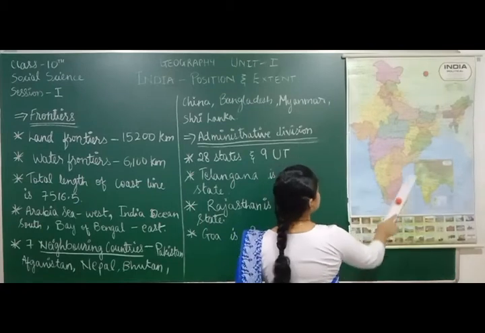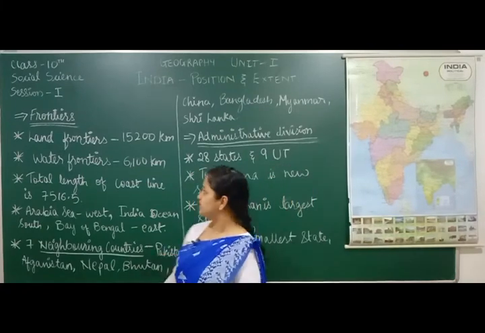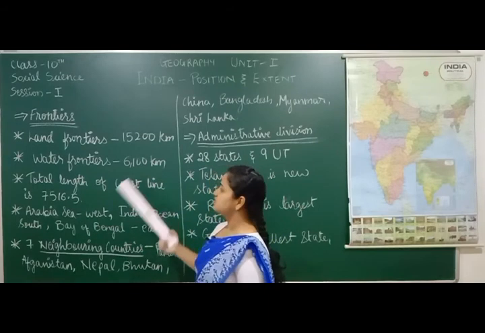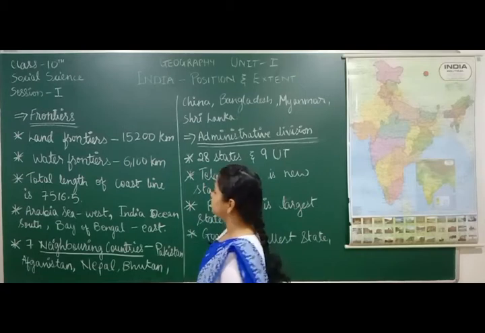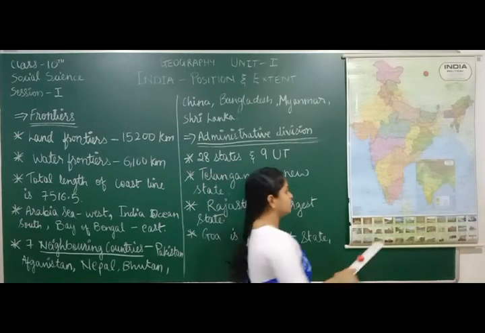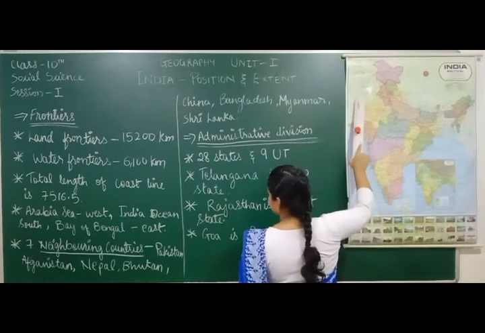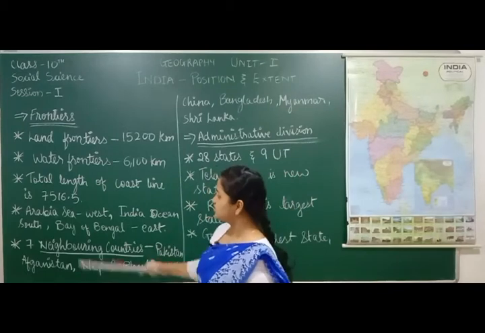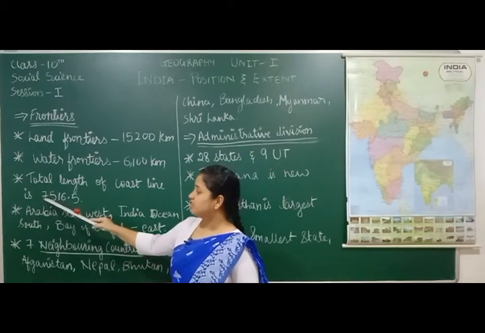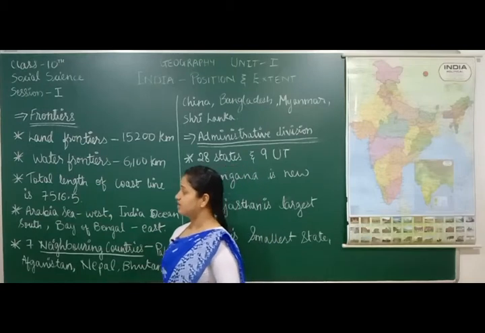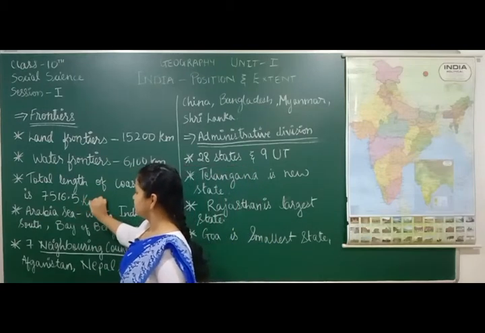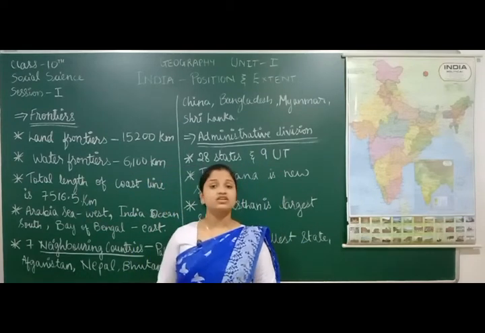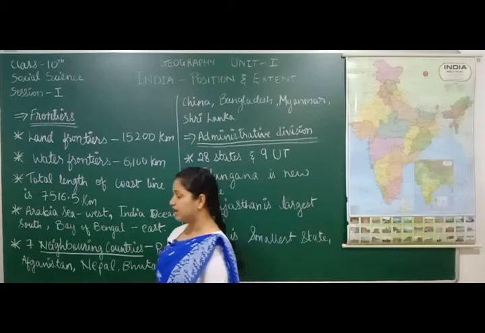So what is the total coastline, the total boundary line of our country? 7,516.5 kilometers is the total coastal line of our country.